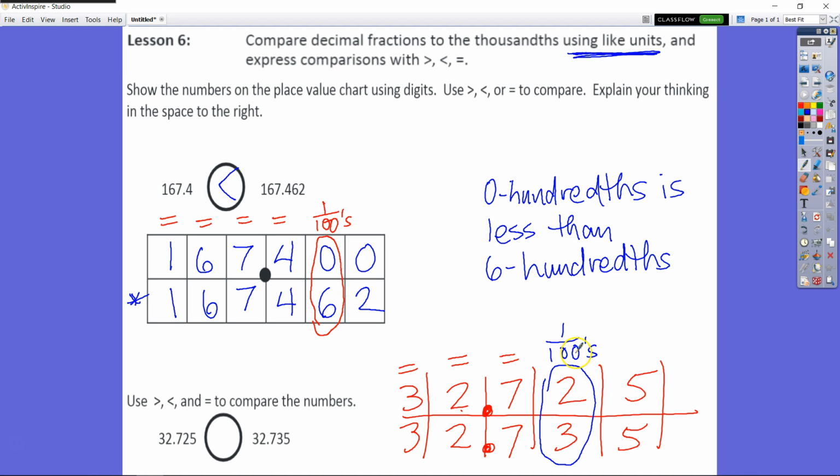We have our 2 in this first number and a 3 in our second number. So 2 hundredths is less than 3 hundredths in this case. So we know that this number is going to be the greater number here, and this would read 32 and 725 thousandths is less than 32 and 735 thousandths.